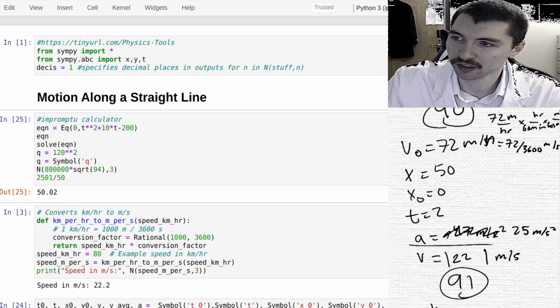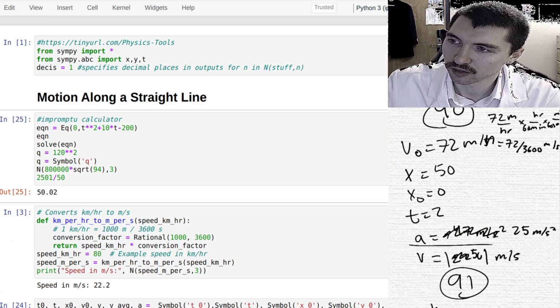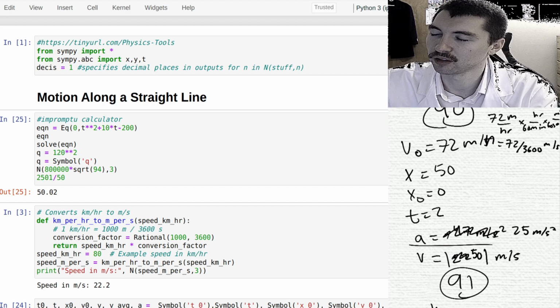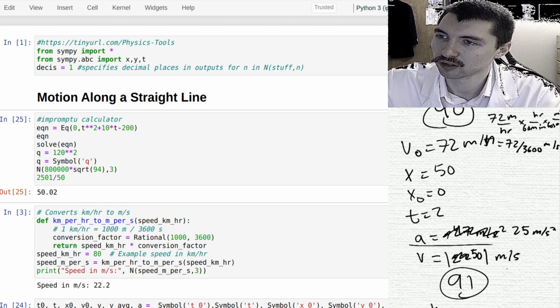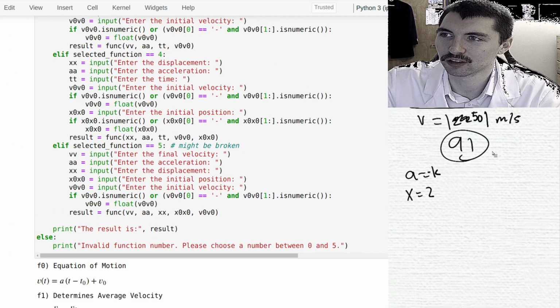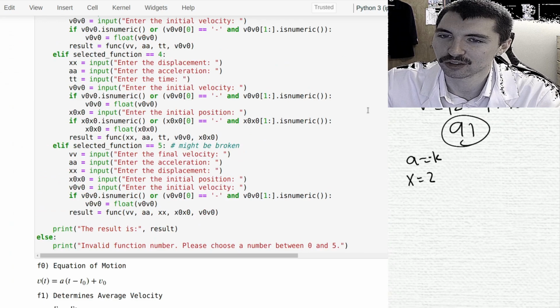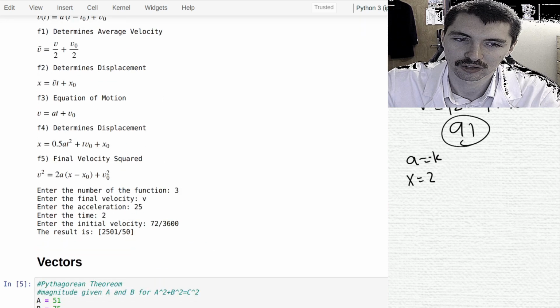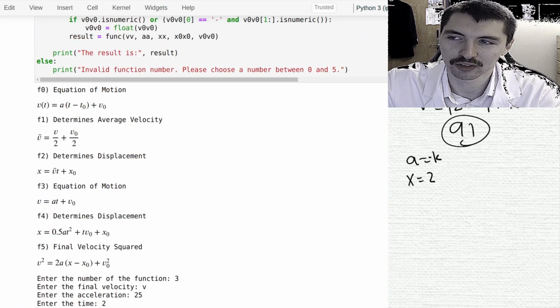So I'm getting 50 meters per second when she crosses. If she accelerates any slower than 25 meters per second, she hits a red light. When she crosses the red light, at the minimum she'd be going 50 meters per second. Good thing, this is why it's important to check your units, because you want everything to be consistent.